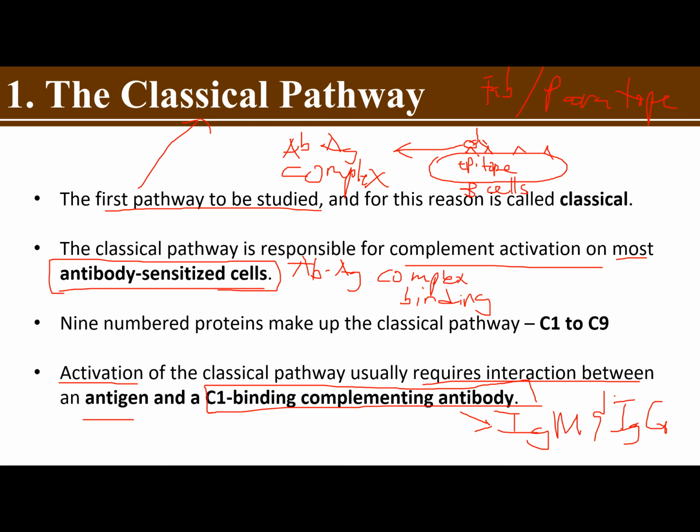So let me repeat, if asked in your quiz or exam, what activates the classical pathway, it would be your antibody antigen complex or antibody antigen interaction or antibody sensitized cell. And if asked what are the 2 antibodies that are C1 binding, the answer is your IgM and your IgG.